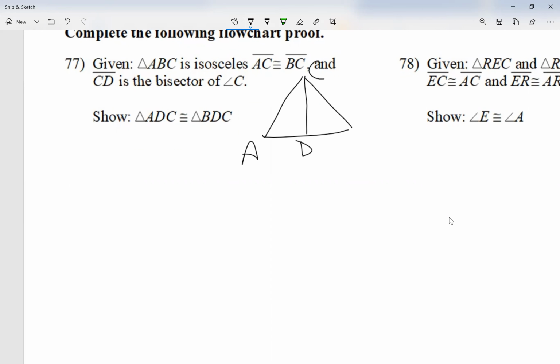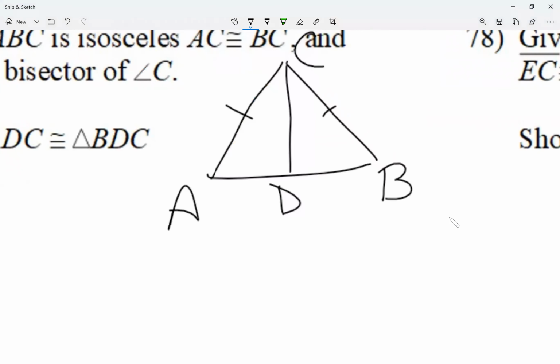So I want to say it here. There's ABC. You guys see the big triangle. And then I have that AC is equal to BC. And CD is the bisector of angle C. Okay, so CD, bisector. Bisector means to cut in half. So I'm going to say this angle is equal to this angle.